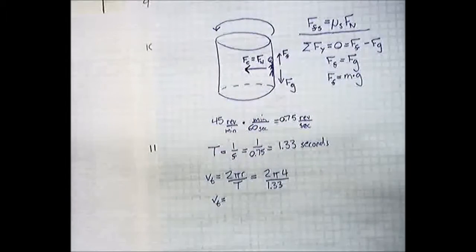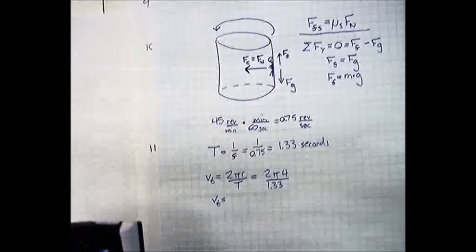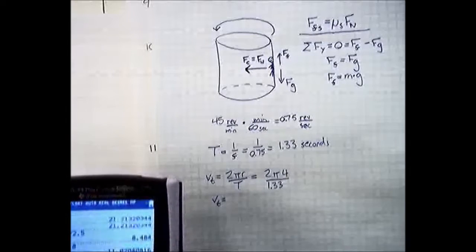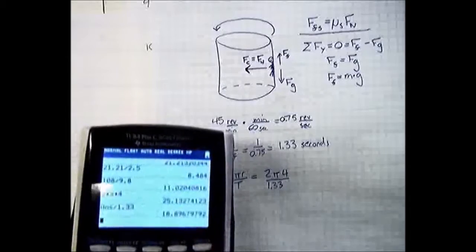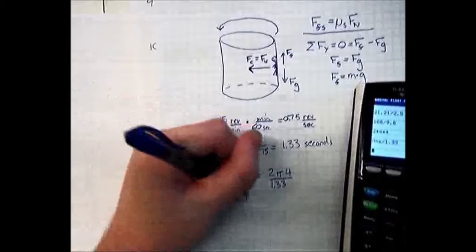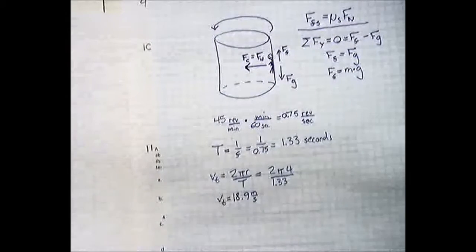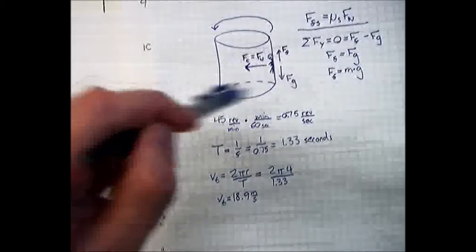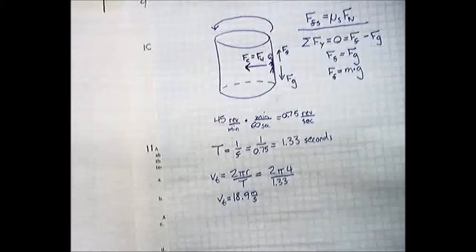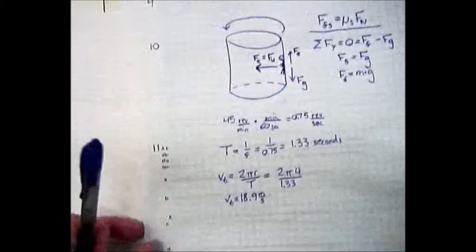We solve all of that, and we get just about 18.9 meters per second for your tangential speed. That's how fast this person is rotating around the outside of the circle.